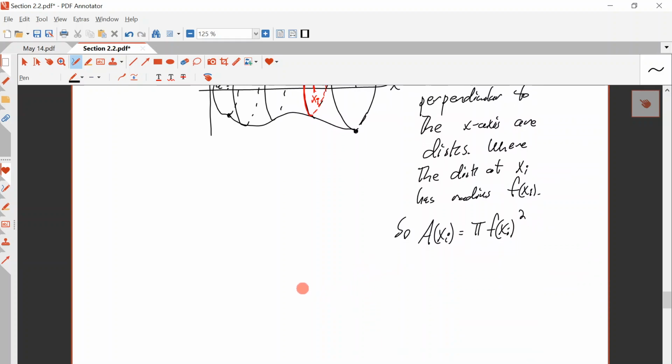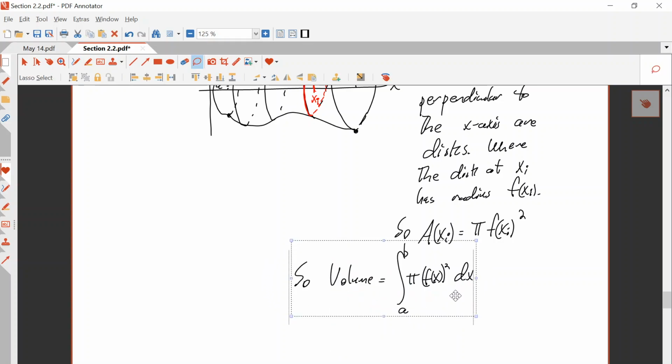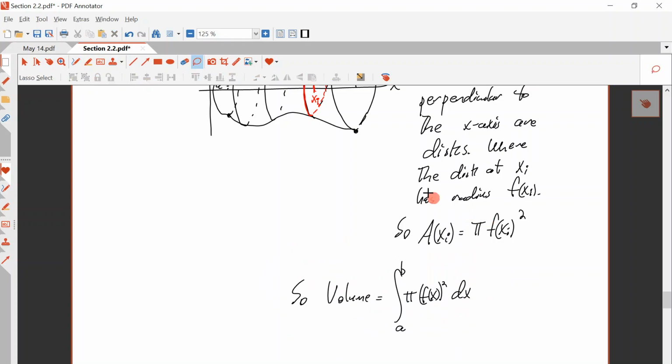So the volume is the integral from a to b of pi f of x squared dx. It's just the area of those slices. Can you think of any interesting examples you might like to try?